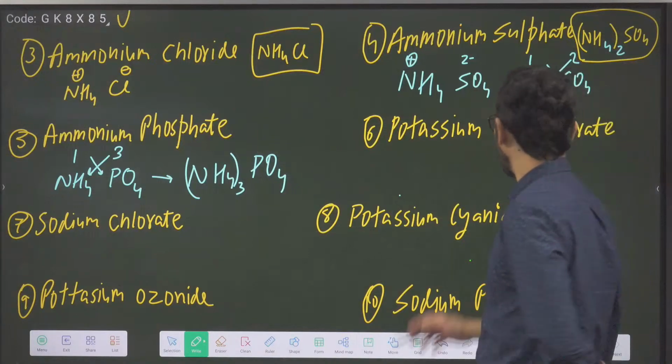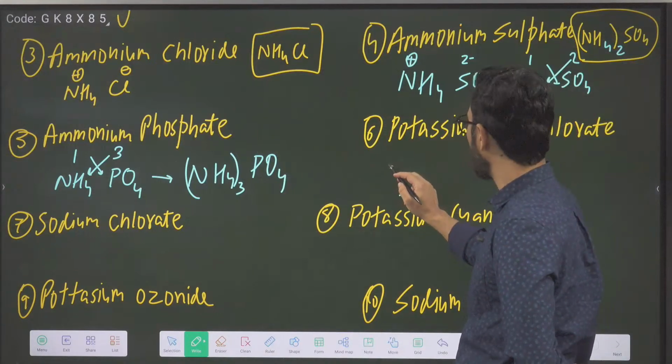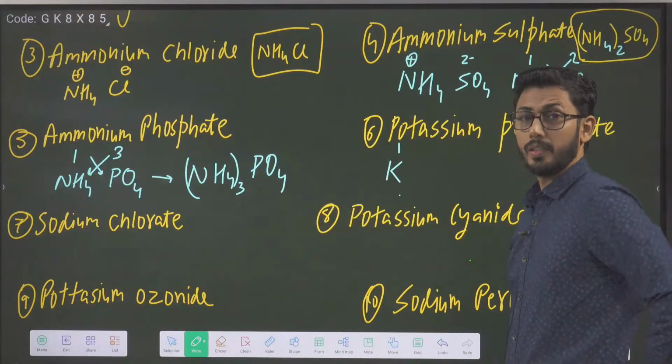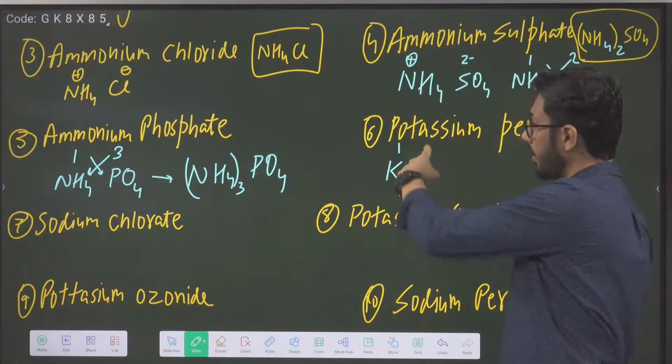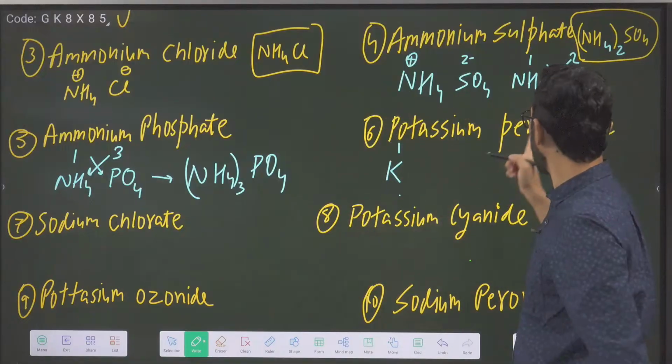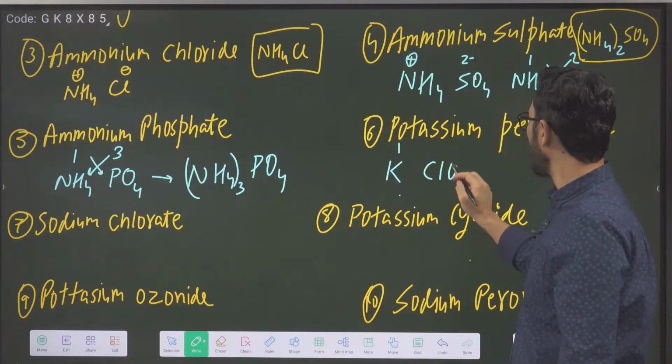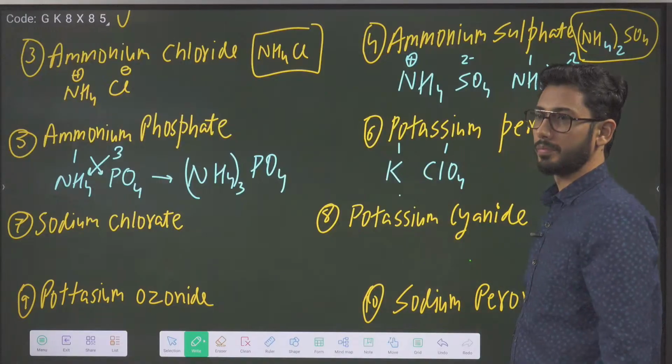Similarly, potassium perchlorate. Potassium again K plus. We are done with naming of cations. Check your notes. These examples in cations are already done. Perchlorate we have done in today's class as well. ClO4 minus 1. 1 1.